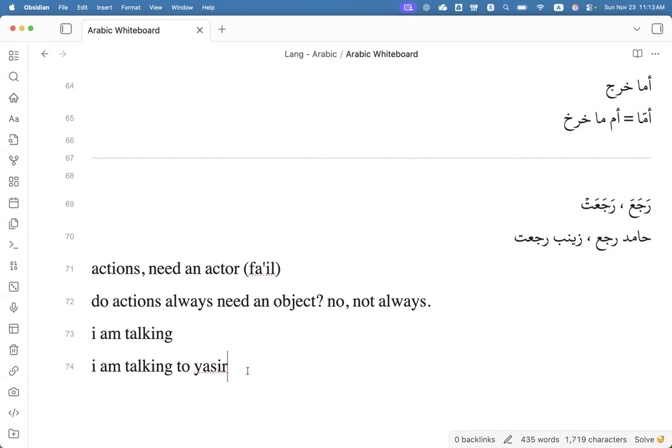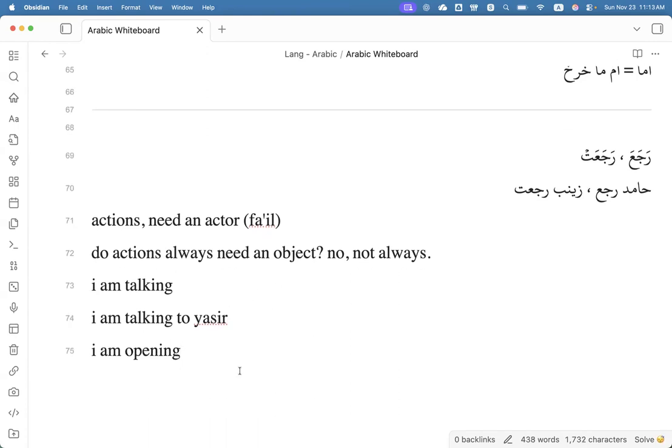Or I am opening. If I say I am talking, typically you would not have to ask me what are you talking about? You will understand this by itself. I am talking, right? You can say period. This is a full sentence.